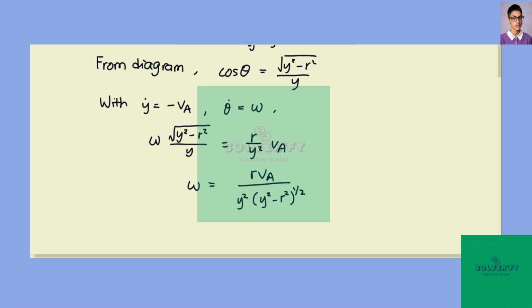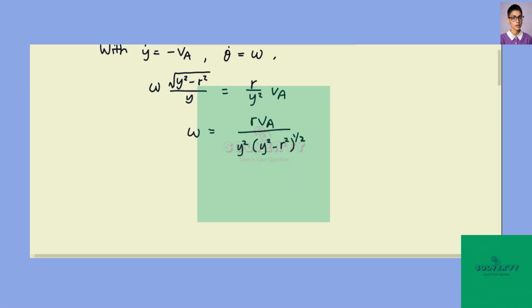Okay, then alpha, the angular acceleration, is just omega dot, so we'll be taking the time derivative of this. Okay, so r VA is constant, so we take it out. We are going to differentiate the terms inside with respect to time.